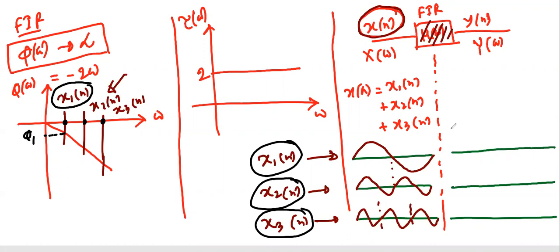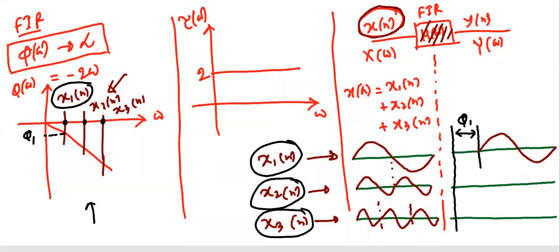If I put a line over here, I need to make a delay of what? This is theta 1 or phi 1. That is the delay according to the phase response. Now I can draw the diagram in a similar fashion.